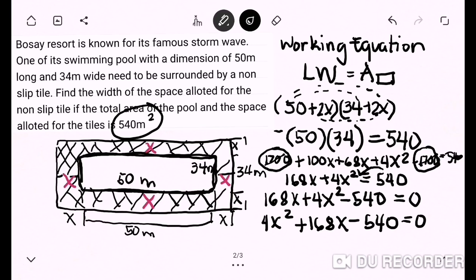So, 4x squared, when we divide by 4, will give us x squared plus 168 divided by 4, 42x. Negative 540 divided by 4 is negative 135 equals 0.